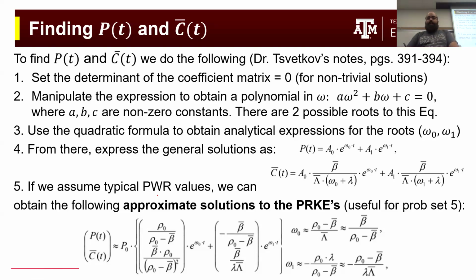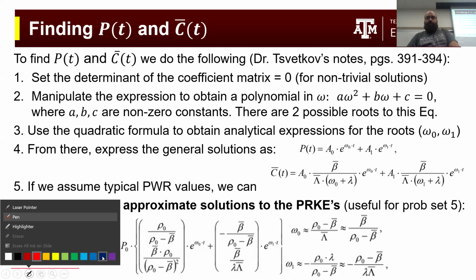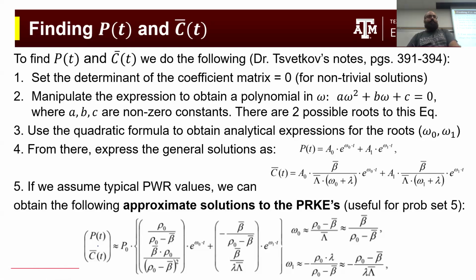Oh yeah, and also I want to make sure, the way that this is expressed might be confusing because this is like a matrix. So we're saying the power as a function of time is the initial power times this thing up front times this guy, and this thing up front times this guy. P of t is P naught times this multiplicative constant times this exponential.